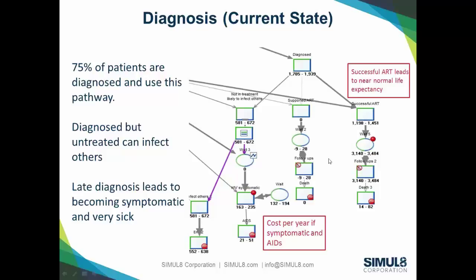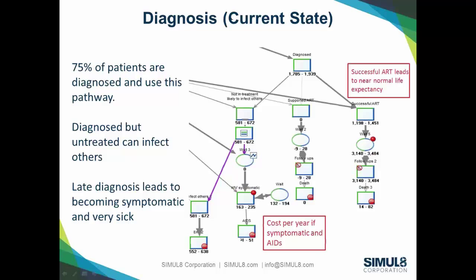So that's our baseline. Now, our first scenario is saying, what if we increase our screening, and that reduces the undiagnosed patients to only 15% rather than the 25%. And you can see the results here of that baseline compared to screening.